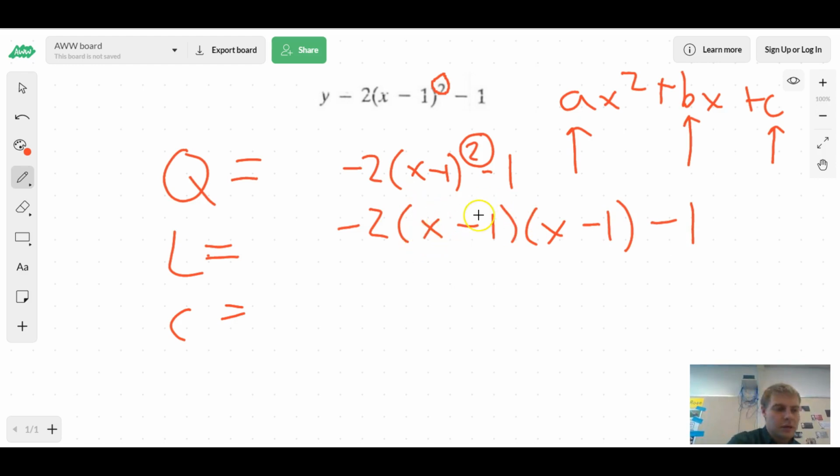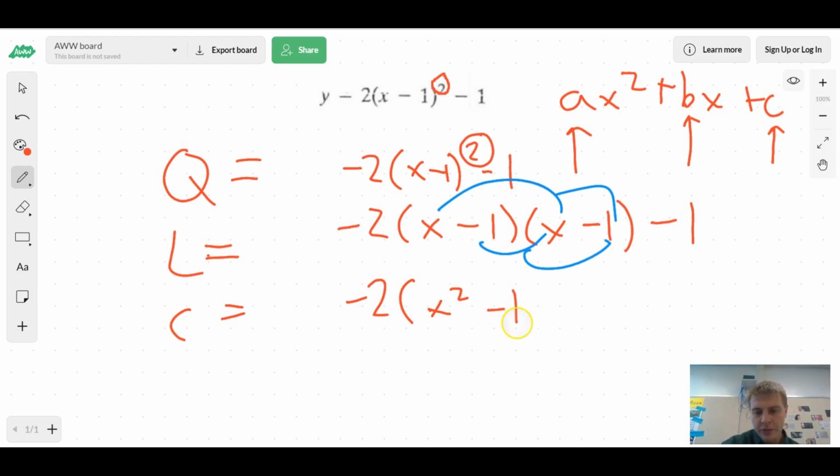We would then deal with that by distributing. I did my distribution a little off. I want to go there, and then there and there. So we would get this to be -2(x squared minus 1x minus 1x plus 1) minus 1.